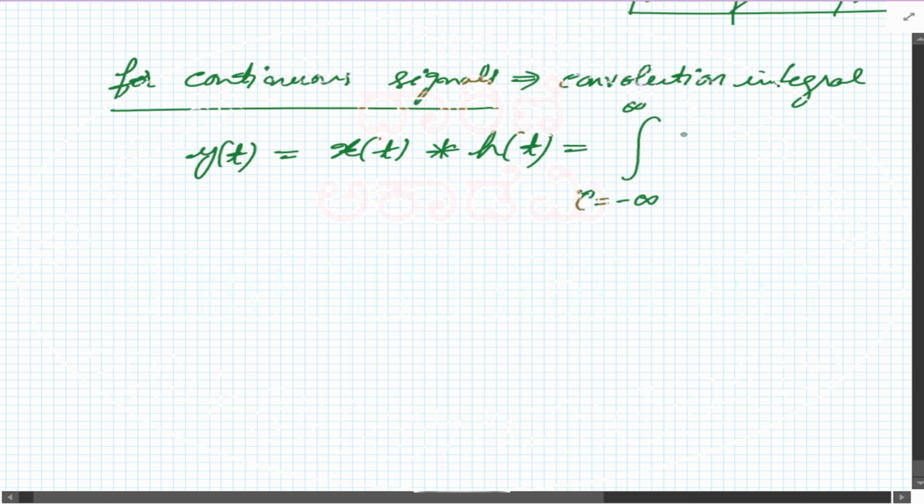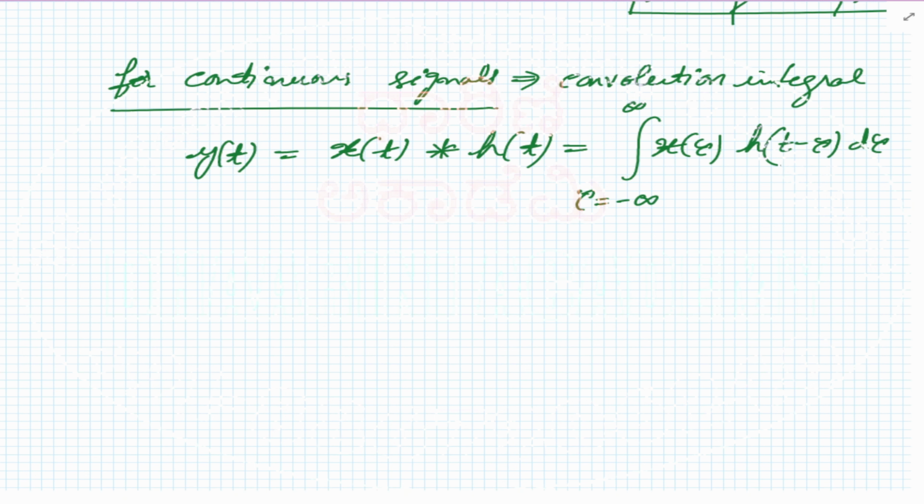It should be x of k, so with the new variable this becomes x of tau. H of n minus k becomes h of t minus tau, d tau. So this is the equation. Why is it not a summation? Because I have continuously varying values.